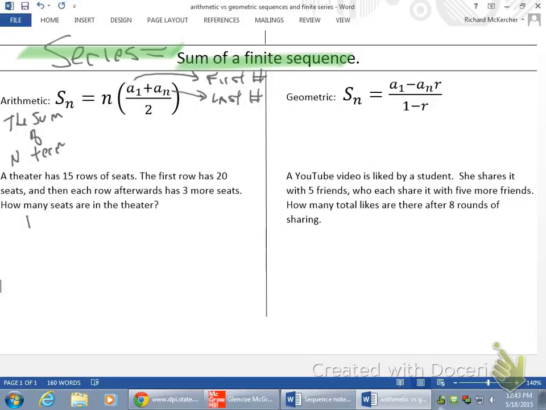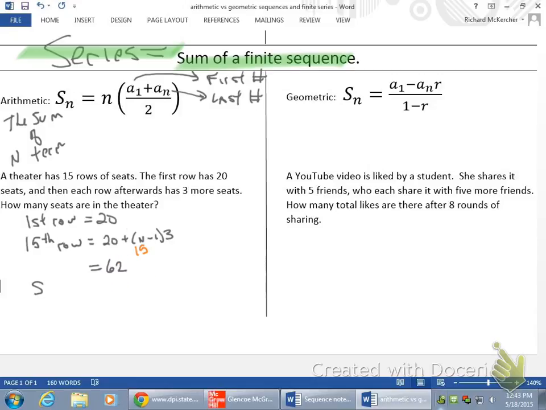So I'm going to use this situation here. My first term is 20. That's pretty straightforward. On the 15th row, I have to figure out my last one. So I used my formula we just practiced above, and I plugged in a 15. And I found out that there must be 62 seats in that 15th row.